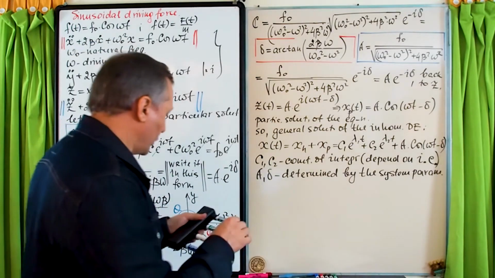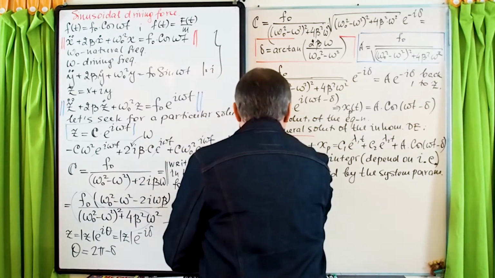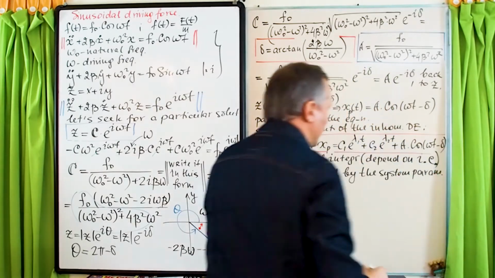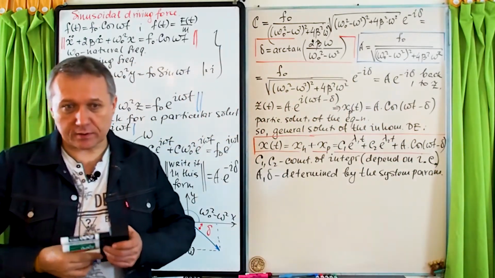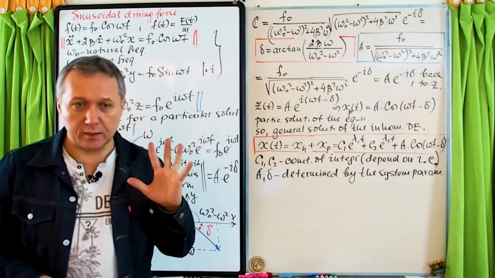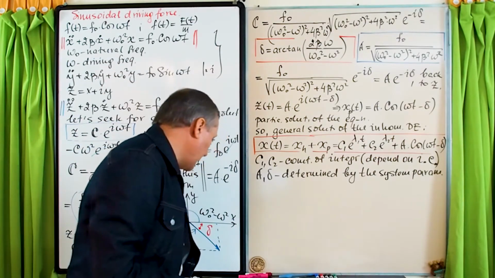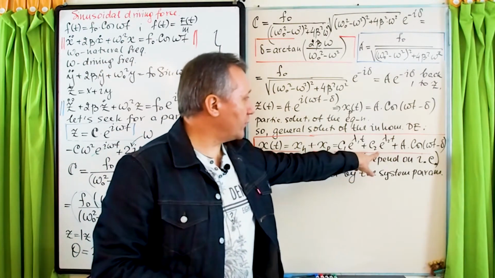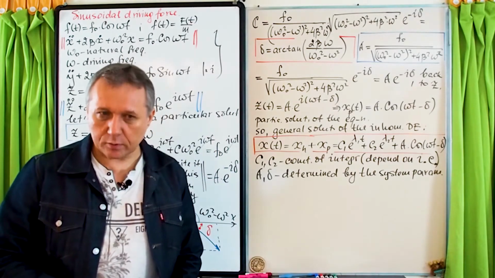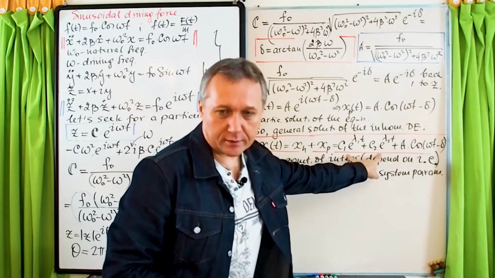So then, probably I should, since this is the general solution, of course it must be framed. Because from this point, we can start looking at some particular cases, particular situations. Before we start, this first part, this is the general solution of the homogeneous equation, it's called the transient solution.